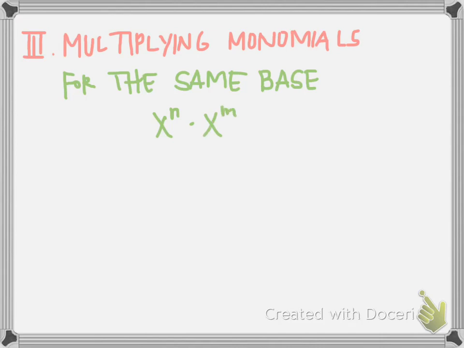It's called the product rule. Product rule means that you're multiplying. So if you are multiplying like bases, you can combine these by adding the exponents. Okay?